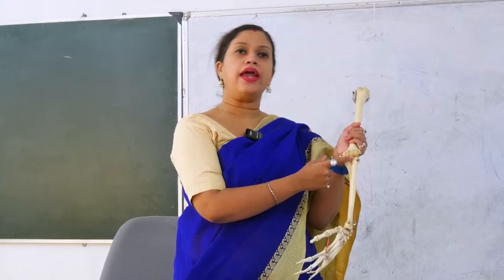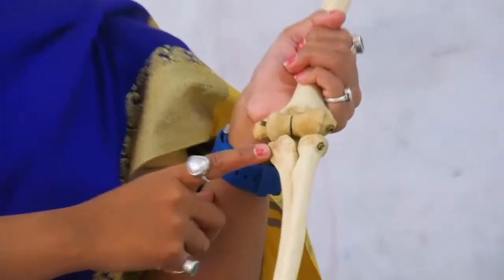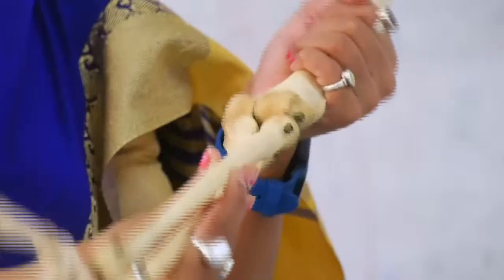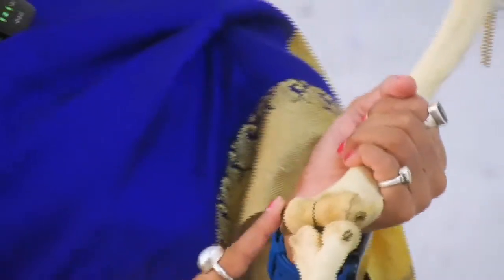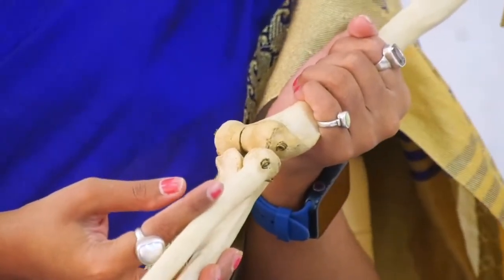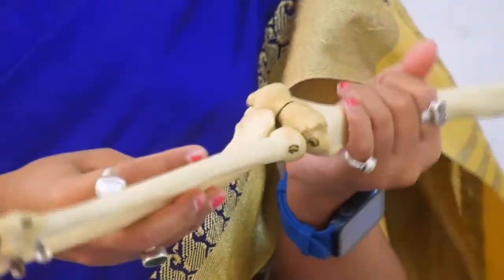It is attached to the head of the radius. Whereas this is known as the trochlea. It would be attached with the trochlear notch of the ulna. So this is the attachment of the elbow joint. The elbow joint is which type of joint? It is a hinge joint.